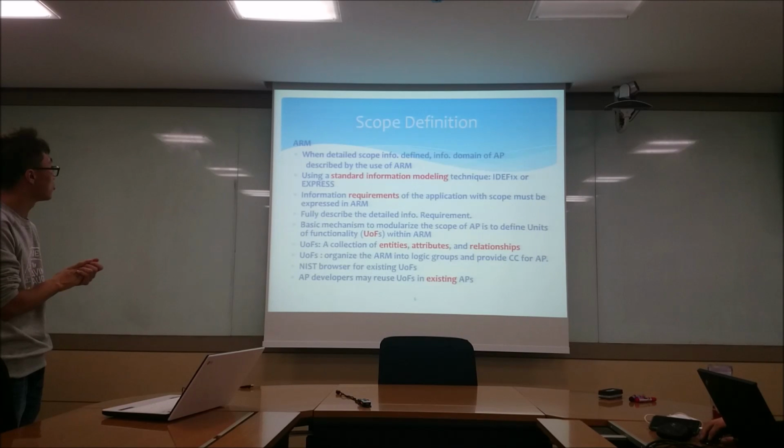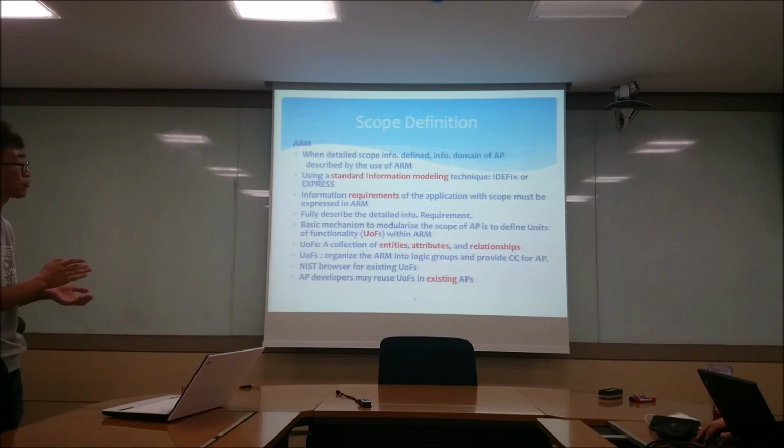We also use a standard information modeling technique, like IDEF1X and the EXPRESS language. And also the information requirements of this application scope must be expressed in ARM.